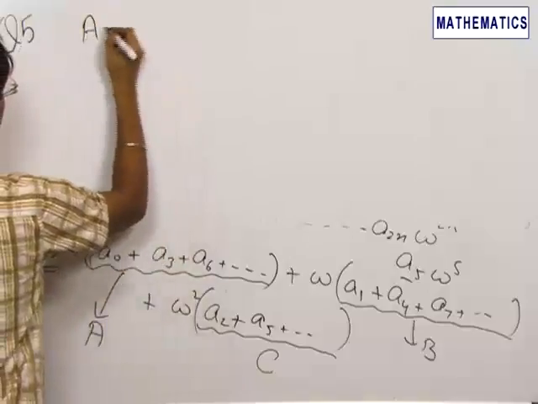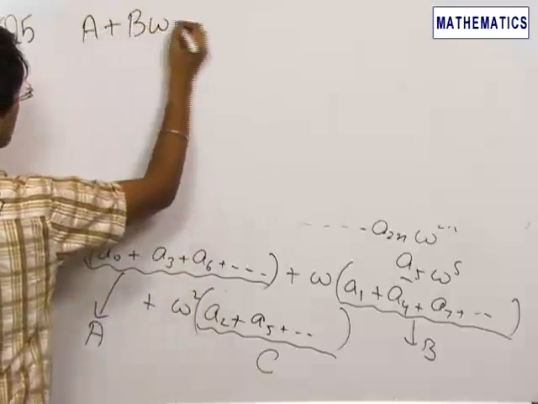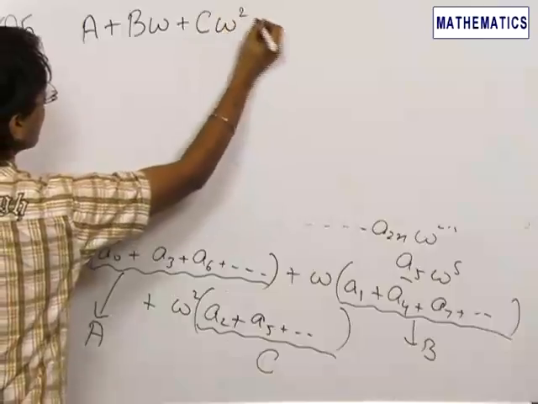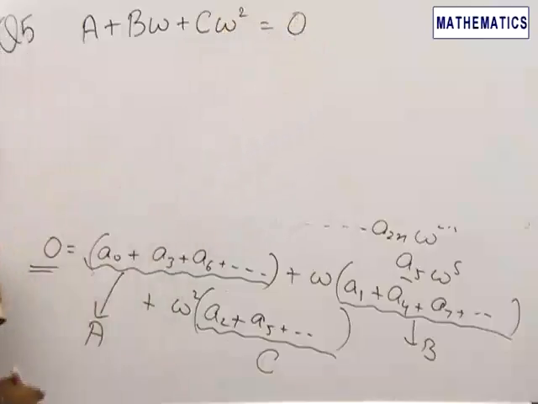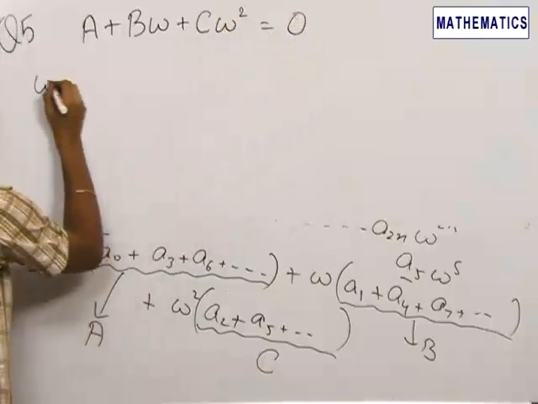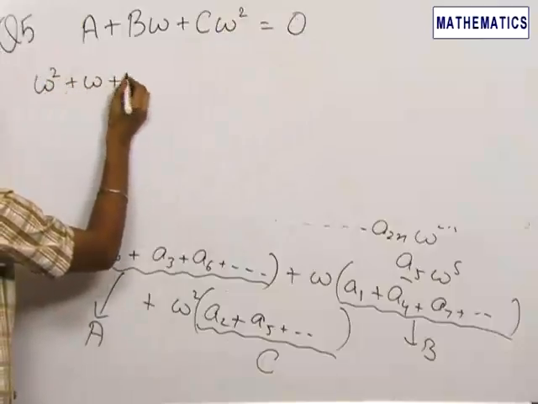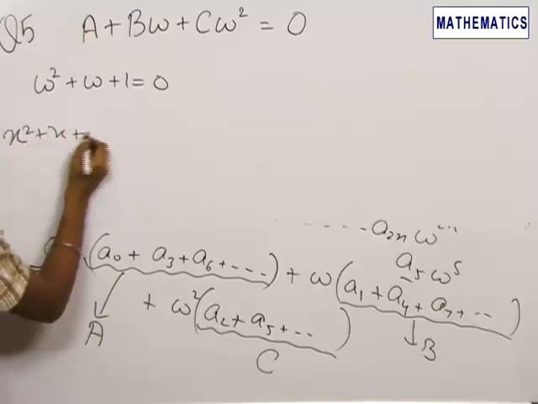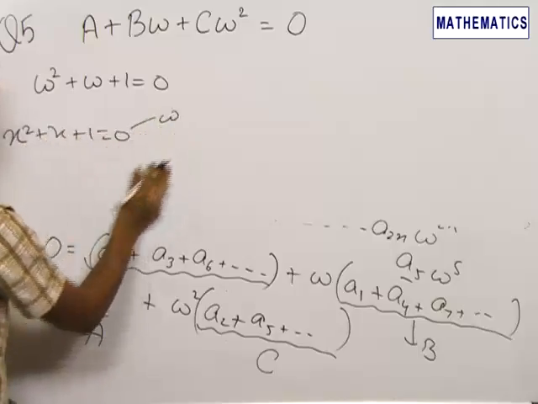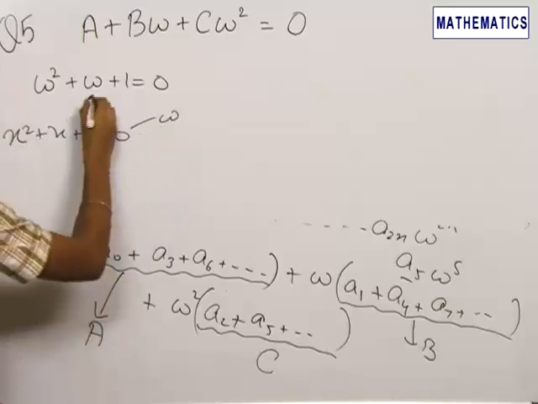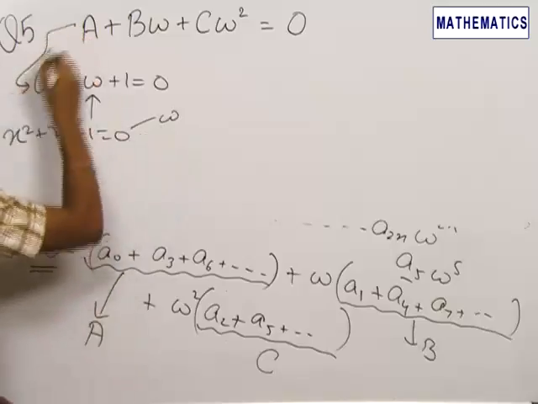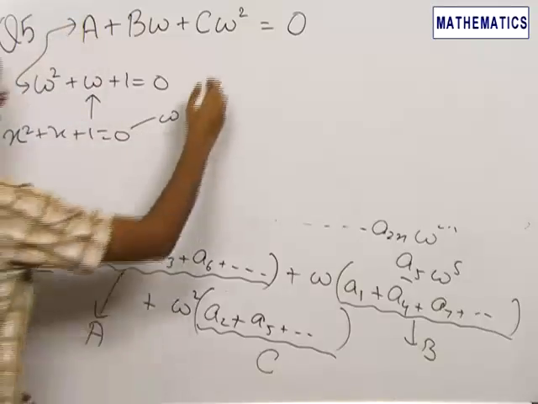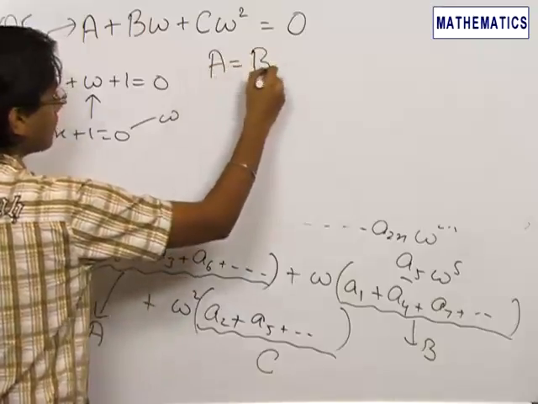So we have A + B omega + C omega square equal to 0, and also we know that omega square + omega + 1 is equal to 0, since omega is a root of the quadratic x² + x + 1 = 0. Omega is a root. So comparing these two equations, we get A is equal to B is equal to C.